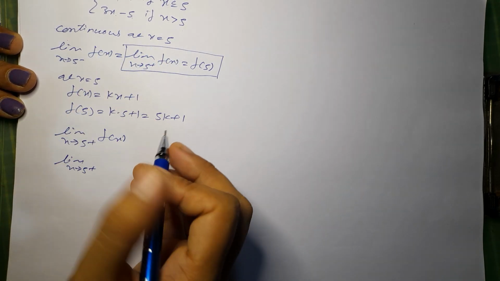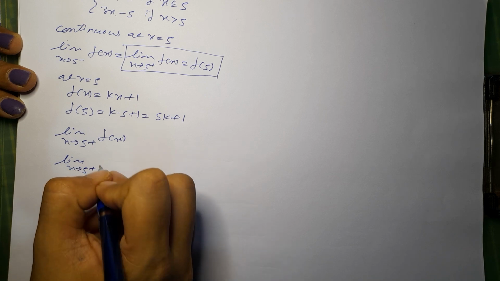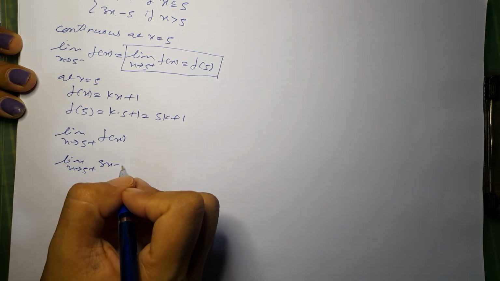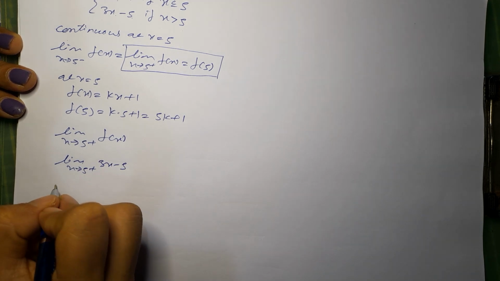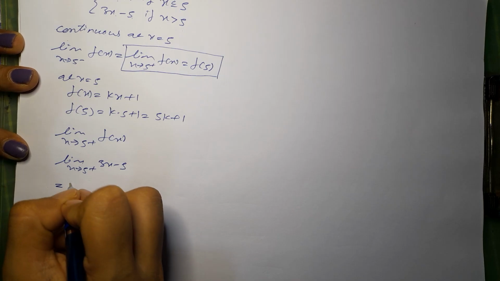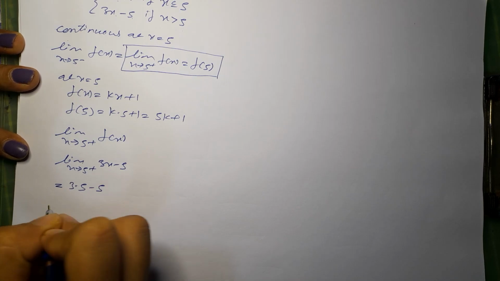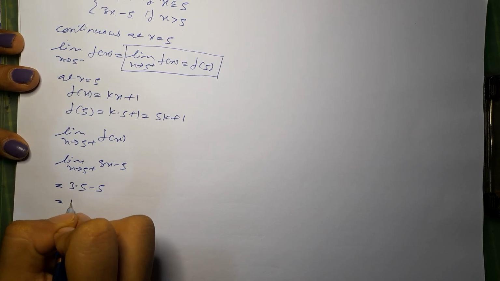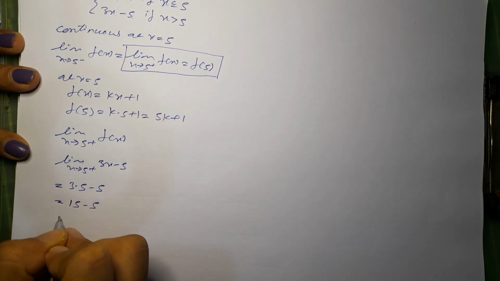So instead of x, it will be 3 into 5 minus 5. 3 fives are 15, minus 5, that is equal to 10.